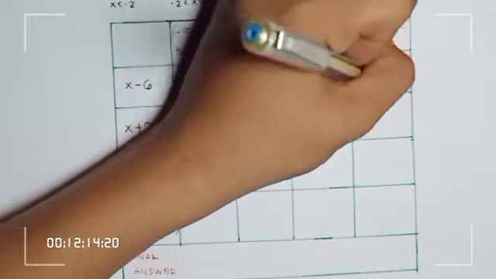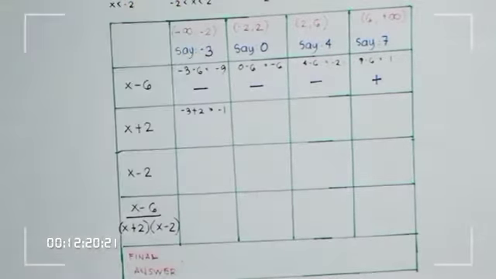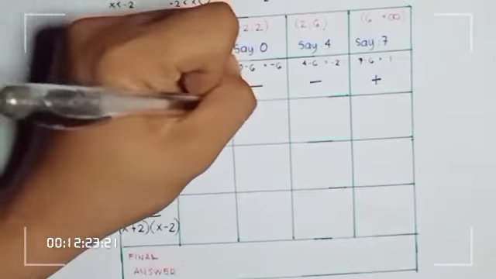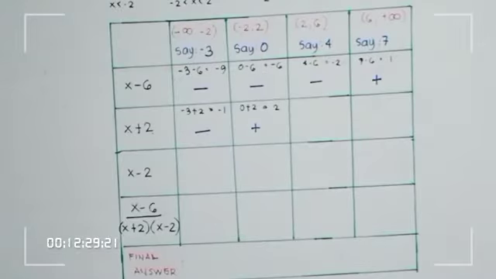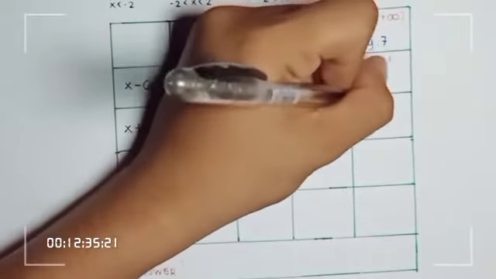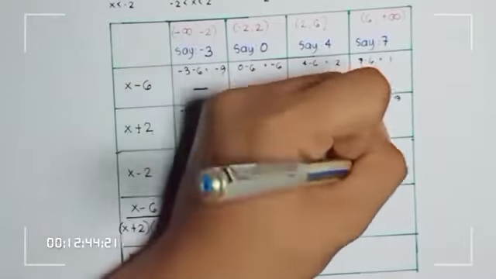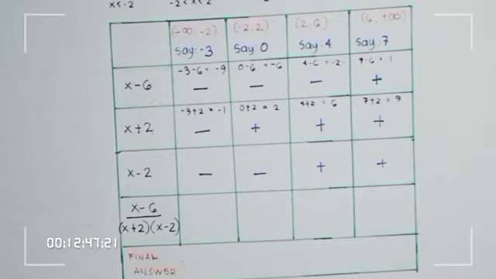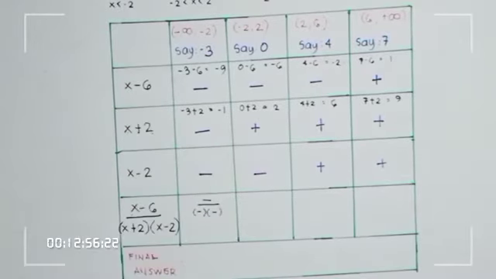And now, following the same pattern, for the first region, we have x minus 6 is negative over x plus 2 is negative times x minus 2 is negative.